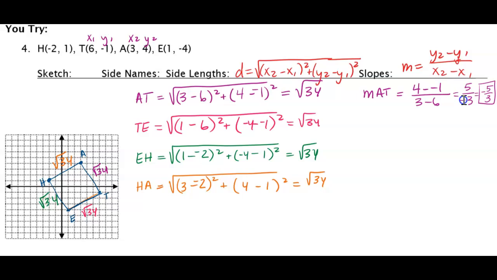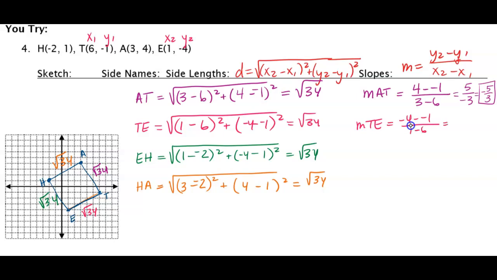Now let's take a look at TE. So I'm again going to go back up here and relabel. So I'm going to make this x1, y1, x2, y2. Okay, so for the slope of TE, we would have negative 4 minus negative 1 over 1 minus 6.